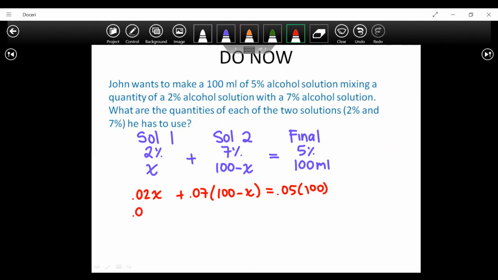Distributing out and reducing, we get plus 7 minus 0.07x is equal to 5, right?